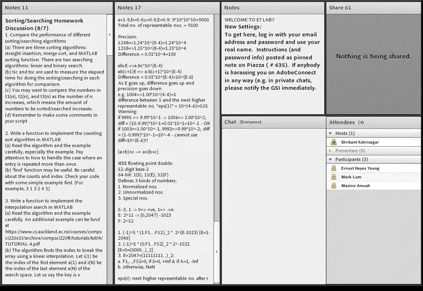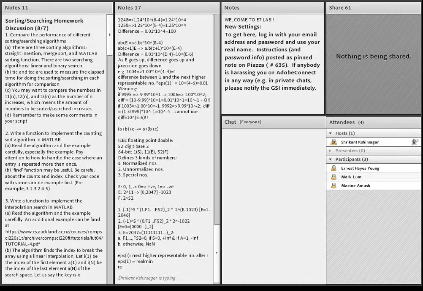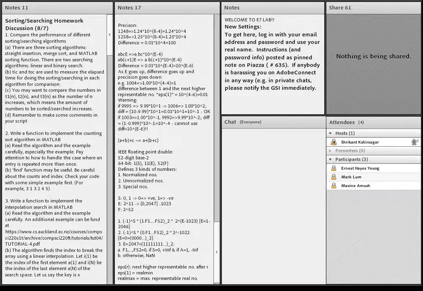In particular, there is EPS of 1, which is called real min. It's given a special name, which is the next higher representable number after 1. And there's another thing called real max, which is the maximum representable real number in this number system. The values for these are given in the lecture notes, and I encourage you to see them and try to derive them for yourself.